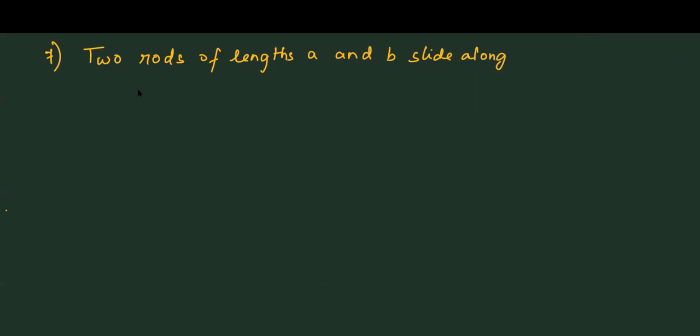Two rods of lengths a and b slide along the x-axis and y-axis. They slide along the x-axis and y-axis. I will explain how they slide.